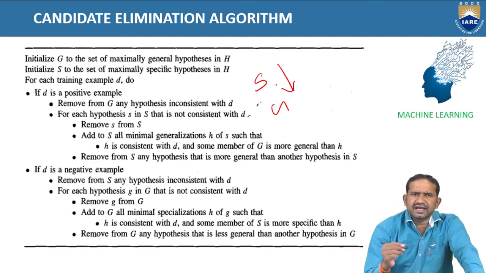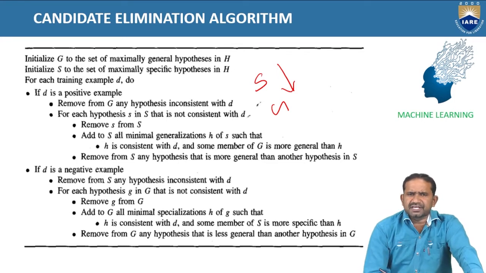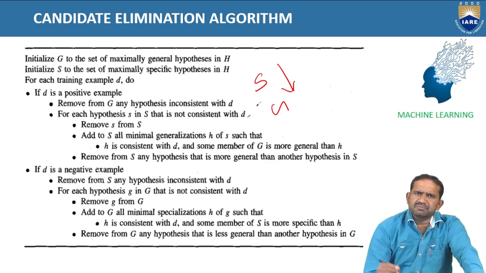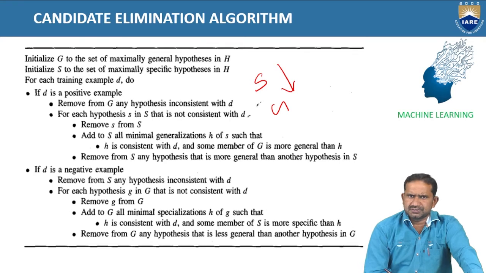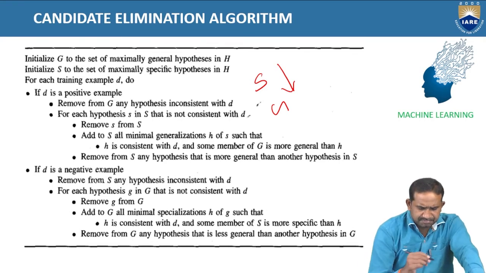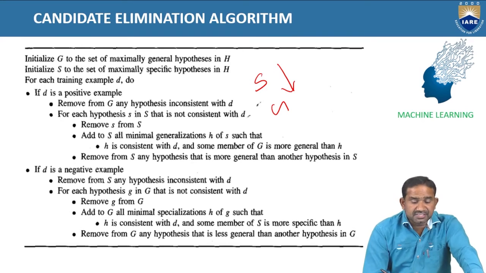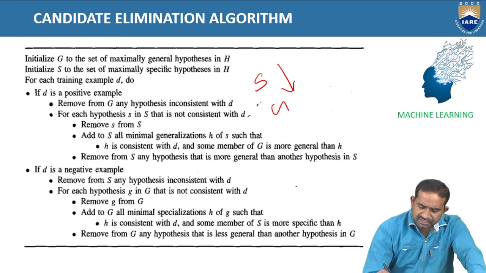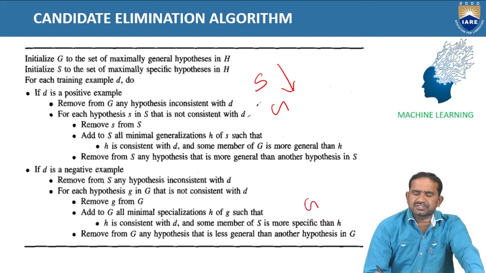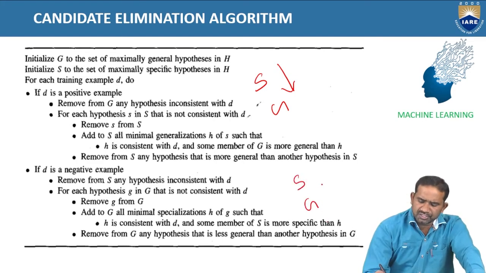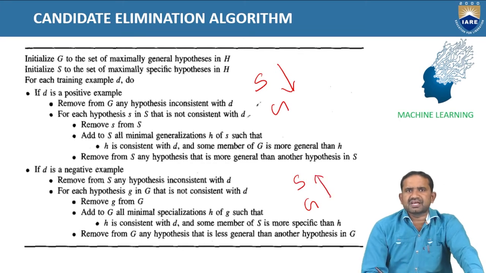If any hypothesis is inconsistent with the training example, you can simply remove it from the hypotheses. And if D is a negative training example, we start with the generalized hypothesis and move towards the specific hypothesis.